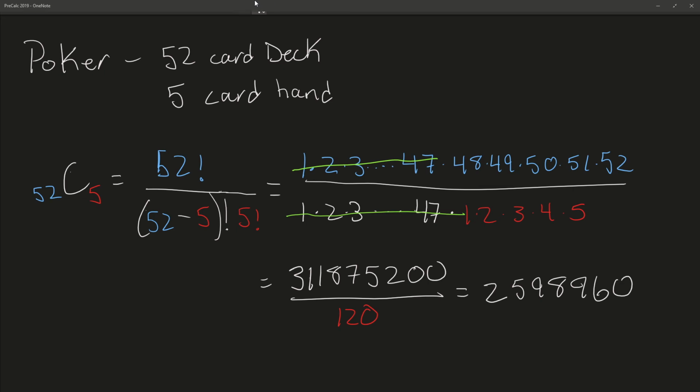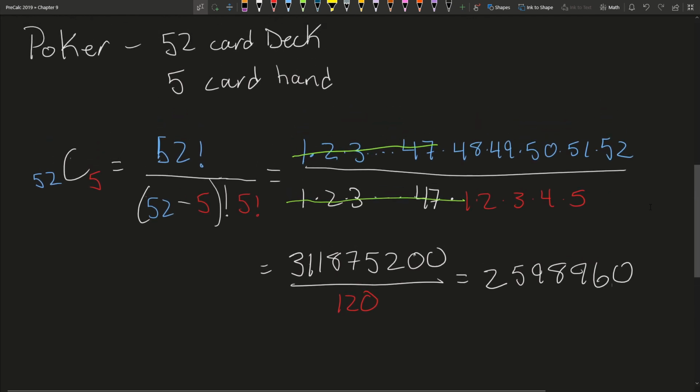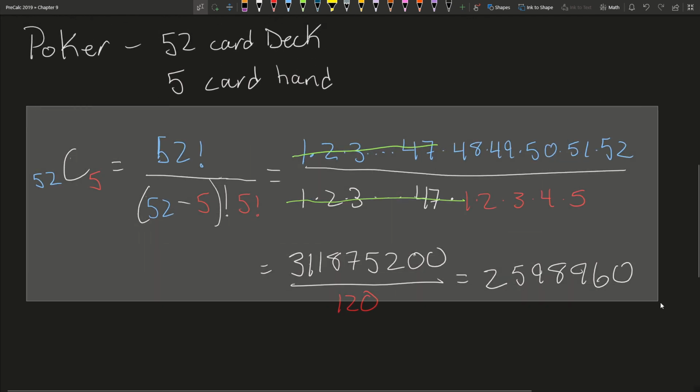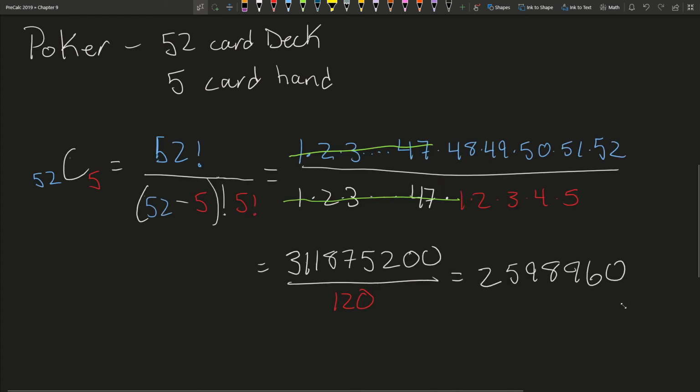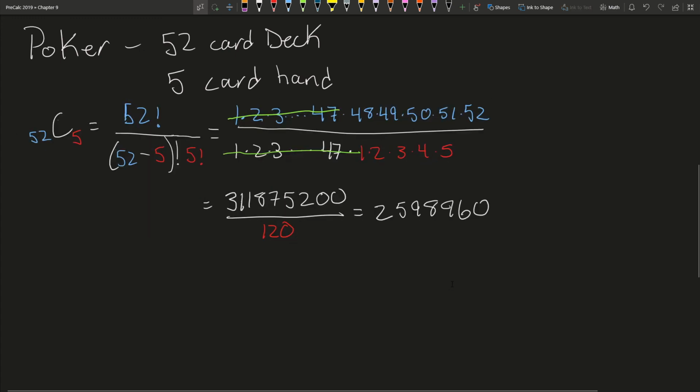When we are doing probability, one of the most important things that we can do is to get a sample space. And a sample space is really what we just found. It's the number of different possible outcomes that can happen. So our number of different possible outcomes is 2,598,960.